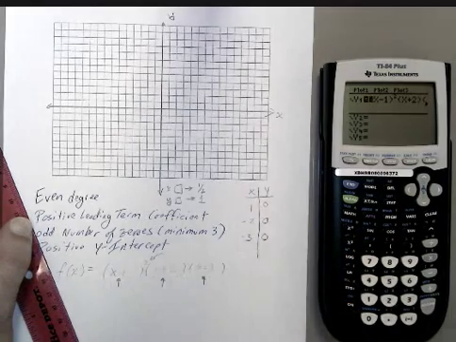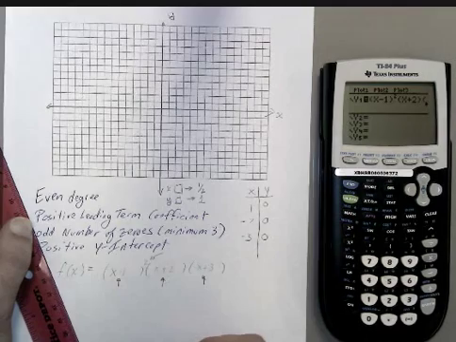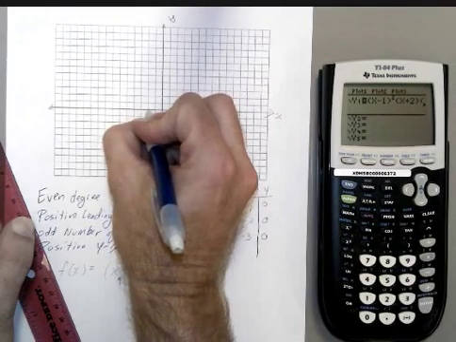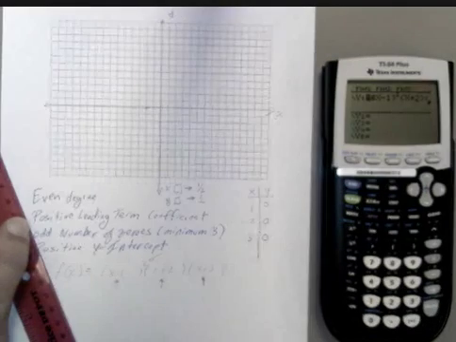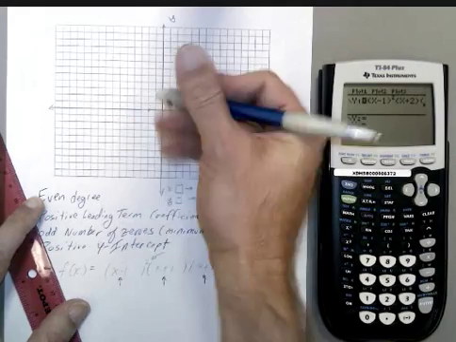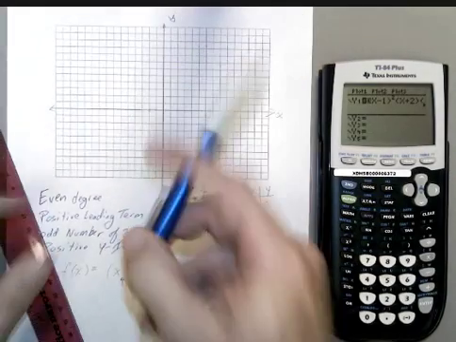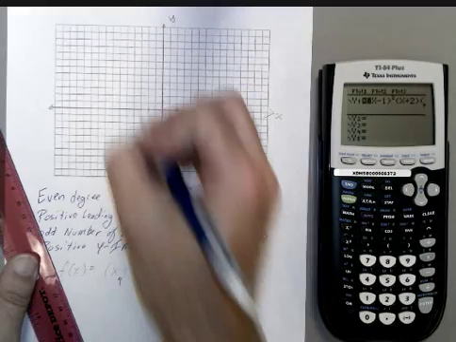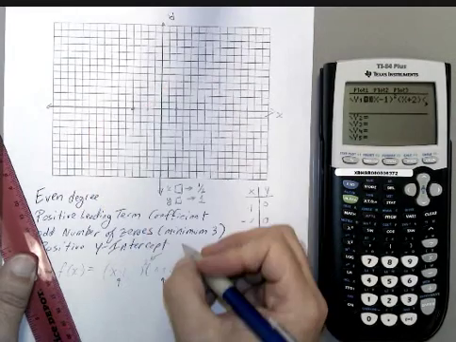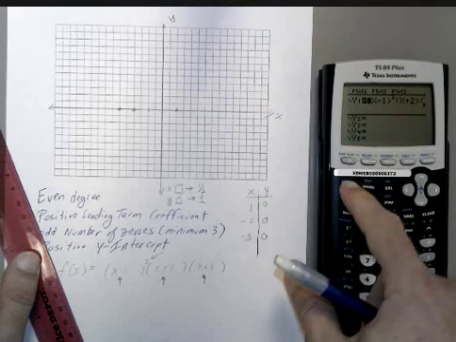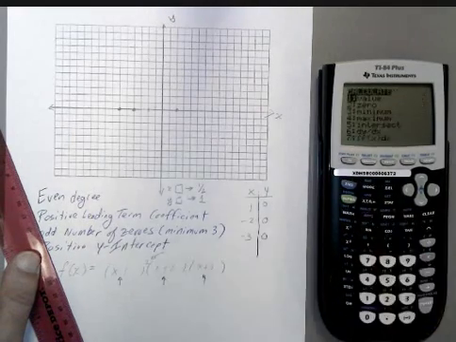And then any other points that are important, like the maximum and the minimum, we're going to calculate next. Along the x-axis, it's every half, so 2 halves is a whole. So that's +1, -2, and -3.